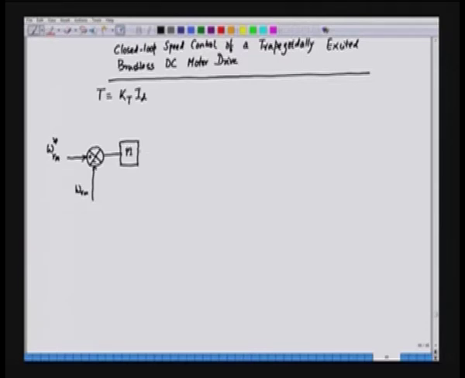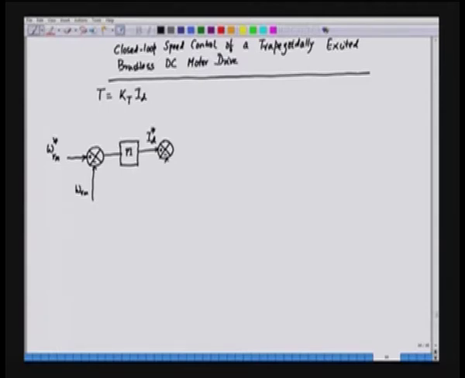The output of this will give us the reference current or the reference torque, ID star, and this is a subtractor.